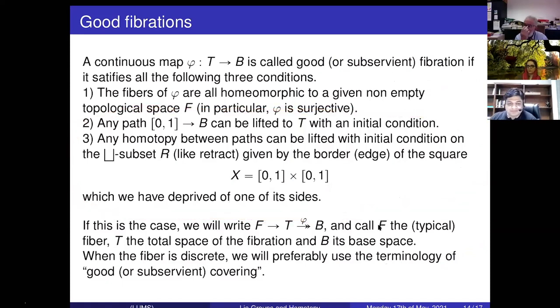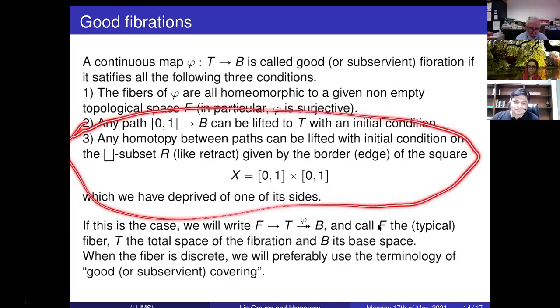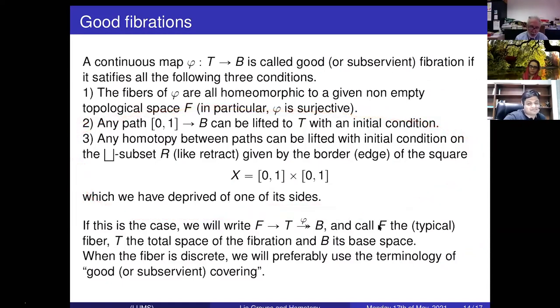But I sent you some notes about this. There is a third condition. Not only can paths be lifted, but we can lift homotopies. And I will not enter into details here just now, because nobody would be able to follow me, and we would not have enough time to get to the important part of the talk. So this is what we call a good fibration.